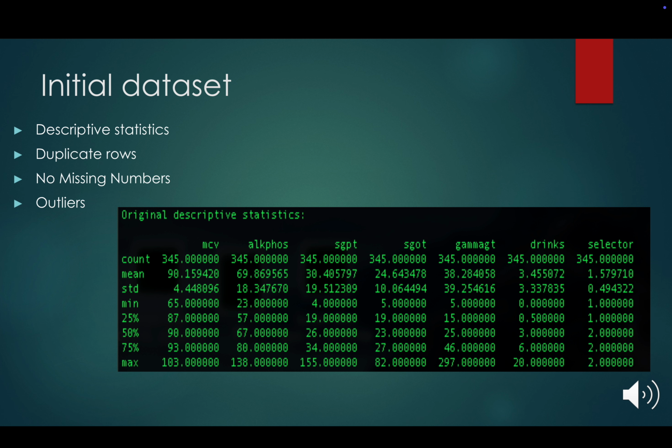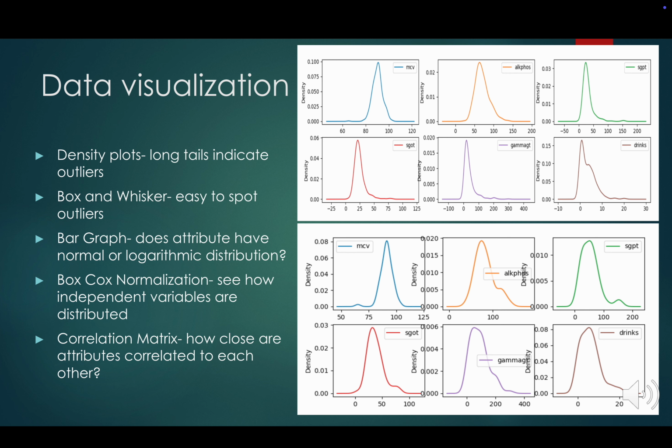And now for the data visualization, density plots, which you see here on the right, give you an idea of if there's outliers. The long tails will indicate outliers, or you can tell if data is skewed or not. Box and whisker plots make it easy to see outliers.